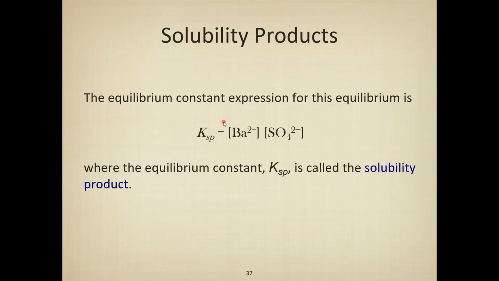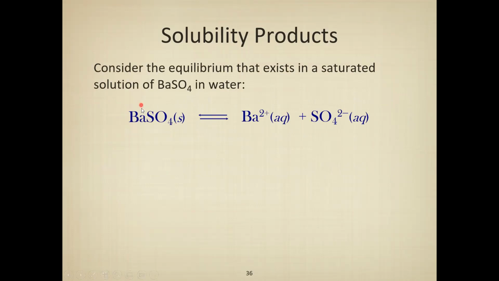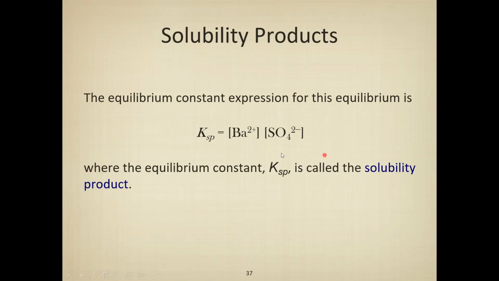And if we go back to the previous one, the reason we don't have anything in the denominator here is just because this reactant, barium sulfate, is going to be a solid, so it's not going to factor into our equilibrium expression at all. As long as we have some of that present, we'll have some of the ions, but we just don't include the barium sulfate solid in the expression.